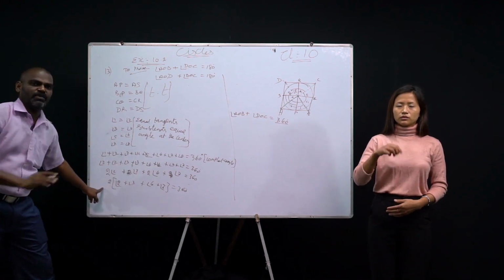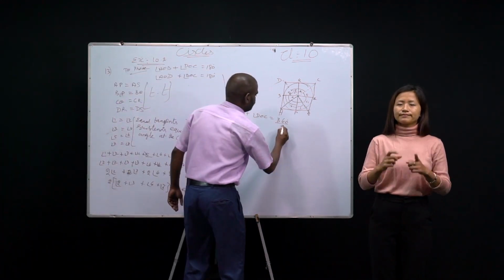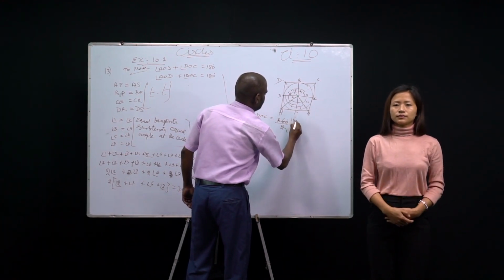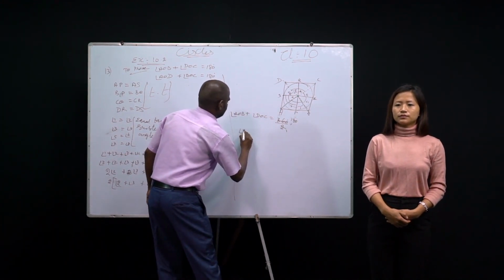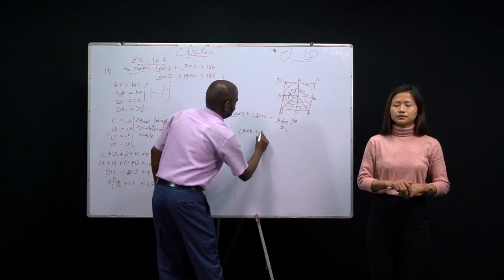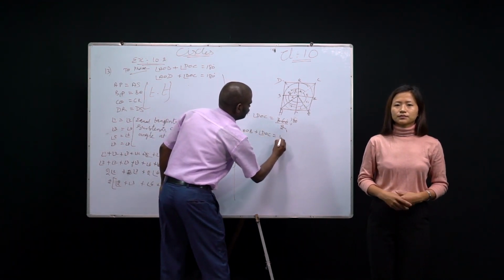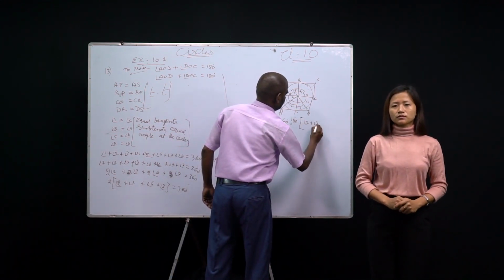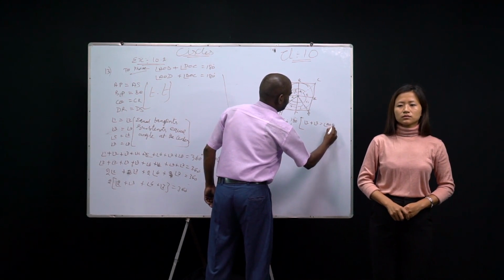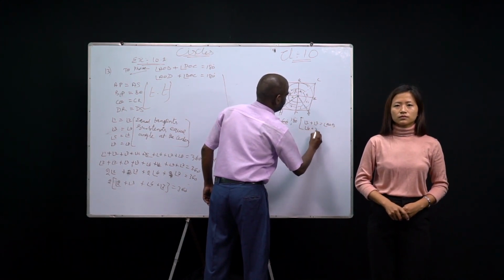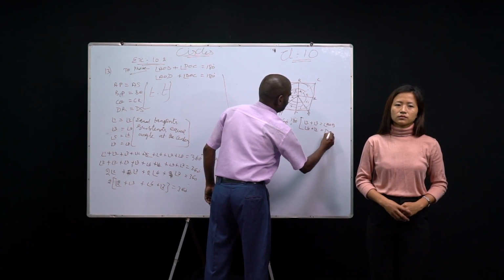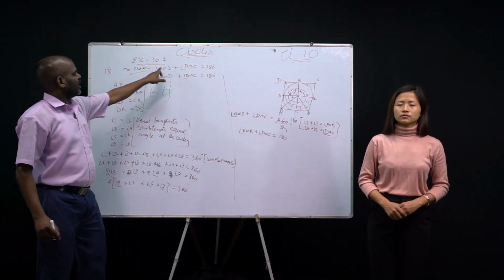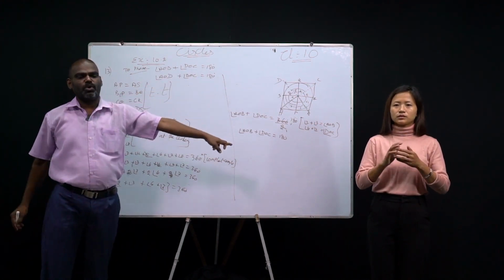Here 2 is multiplying, when you take it to the other side it will divide. Okay, so one answer is over. Angle AOB plus angle DOC equal to 180 degrees, already complete.